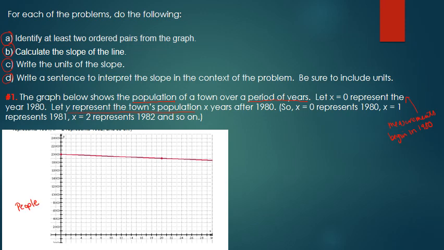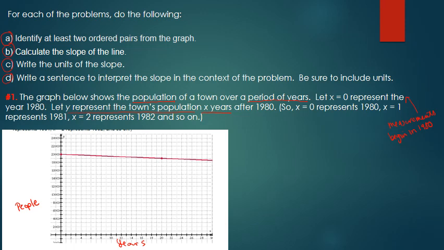Well, it's a population of people, and that's y, so it's on our y-axis. All right, the other part is number of years. That's x. So our x-axis I'm going to label as years. Okay, so that's the information that I've pulled so far from the written content.